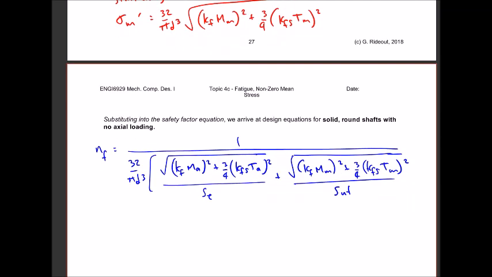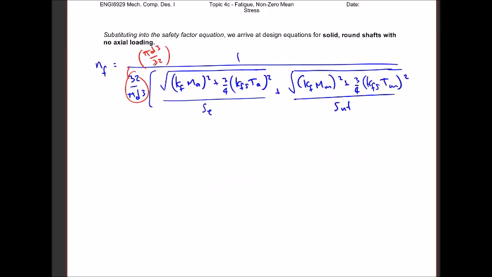Alright. So ultimately, it'd be nice if I could just solve for the diameter, right? Given the safety factor, given the mean and alternating torques and bending moments, given my stress concentration factors, can I just solve for the diameter? Well, if I pull this up above here, I'm going to end up with pi d cubed over 32 on the top.